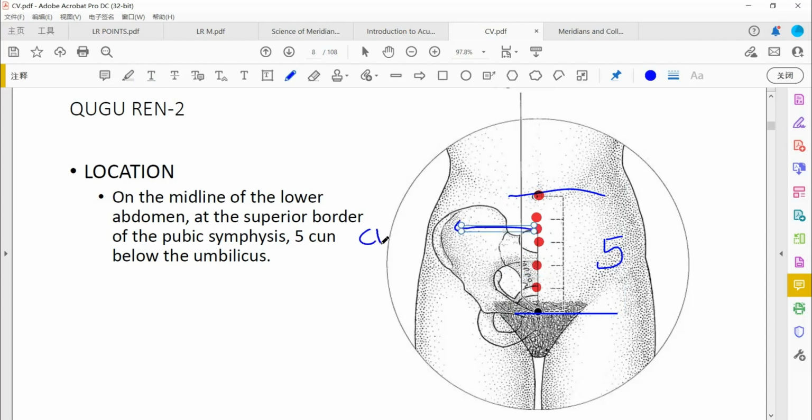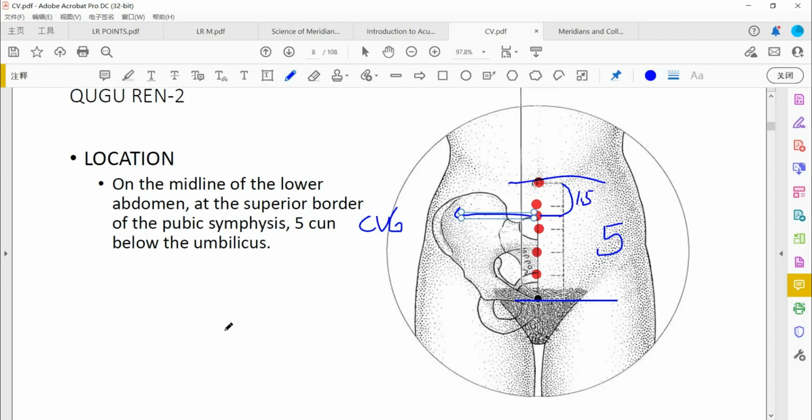CV6 is special, but the rest is fine, right? Each cun there will be a point. And this one is 1.5 cun down from the umbilicus, CV6. The rest will be 1 cun apart.